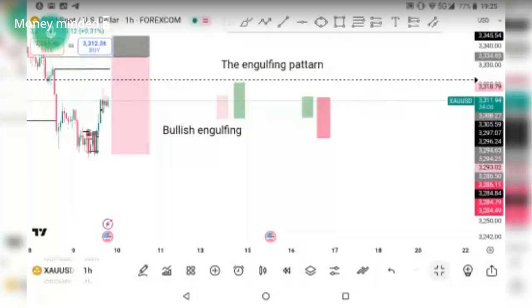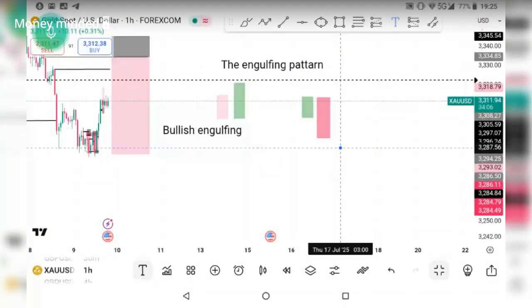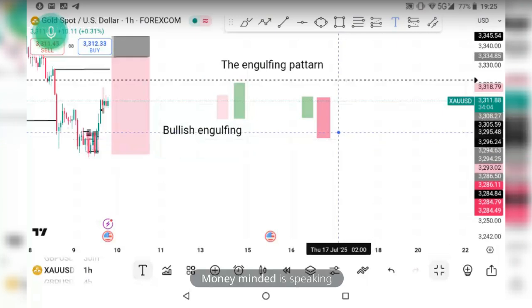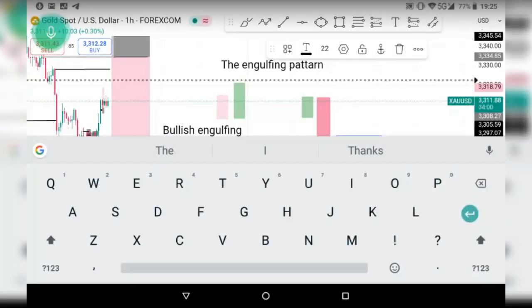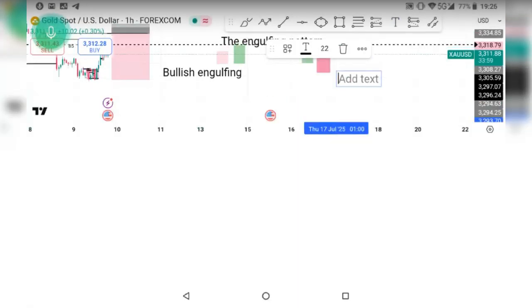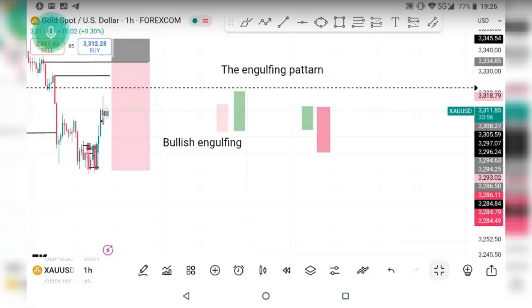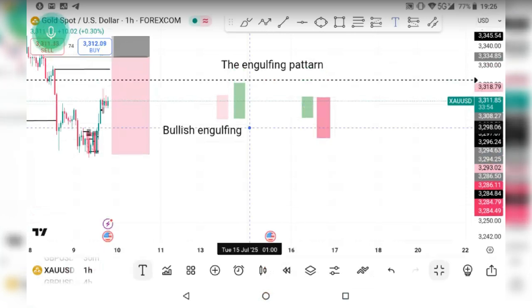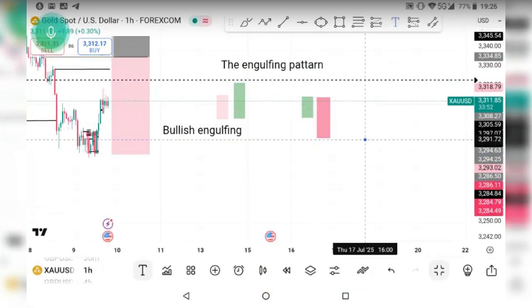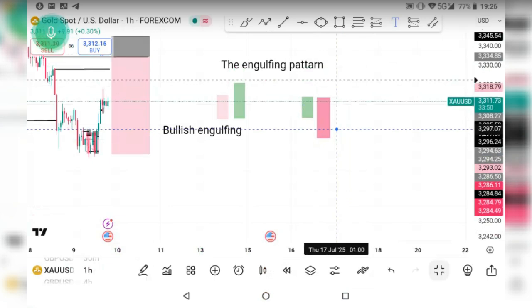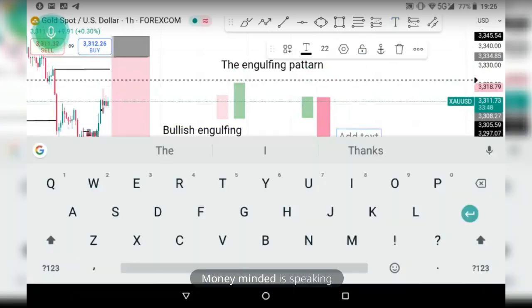Whenever you find this, let's say you are using the support and resistance pattern I taught, whenever you find this at your resistance level, you have to sell. Whenever you find the bearish engulfing at your resistance level, that is clear confirmation to show that, okay, yes, sellers are taking charge. It is time for you to sell.